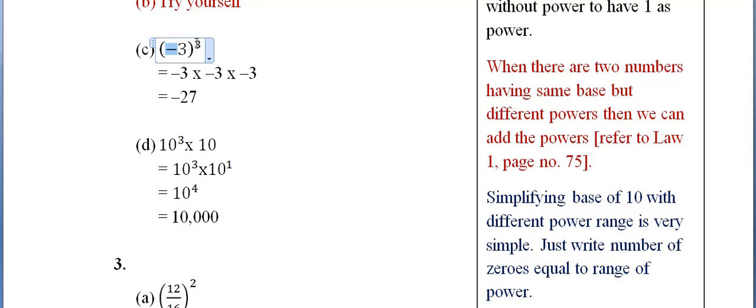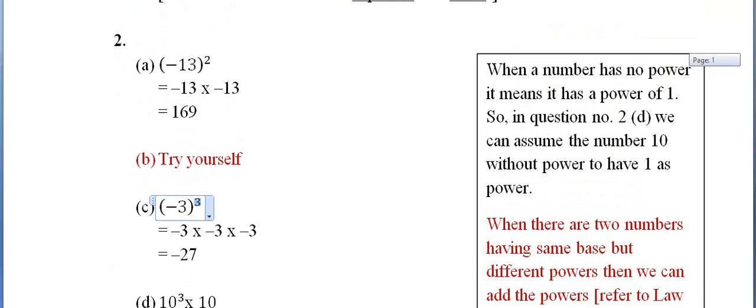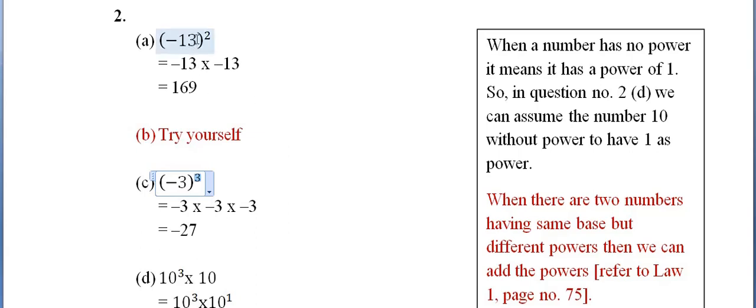But if the base number is negative and the power is even, then your answer will be positive. You can see in question number 2a that minus 13 is a base number with a negative sign, but it has the power 2, which means the answer will be a positive number.